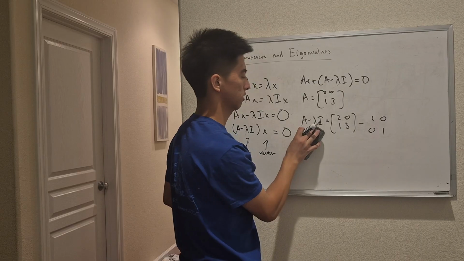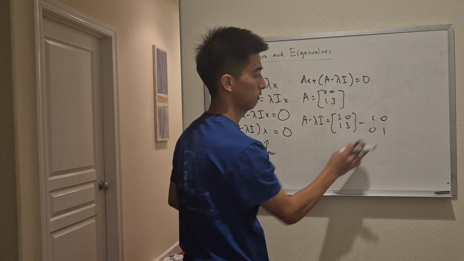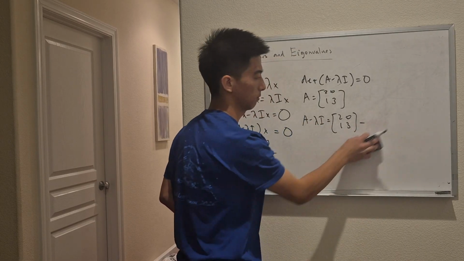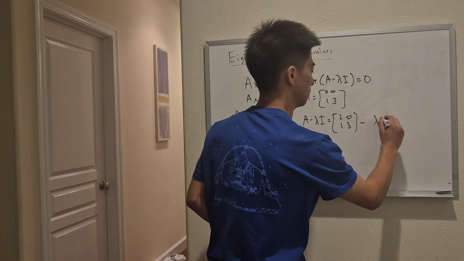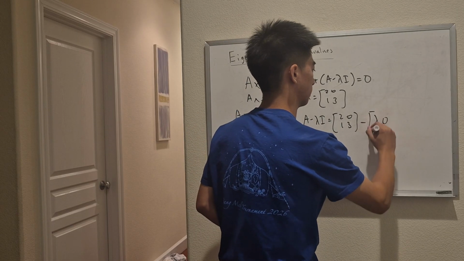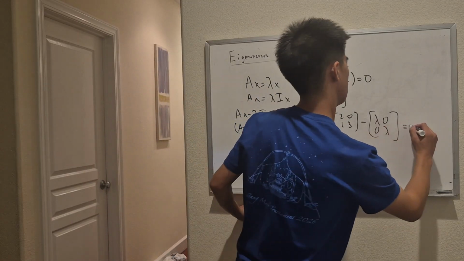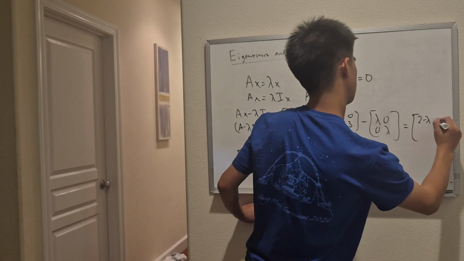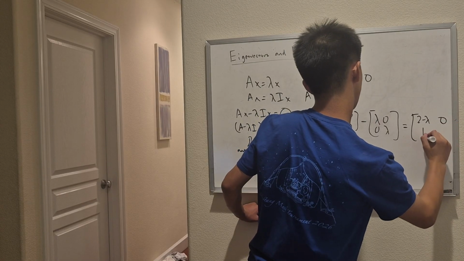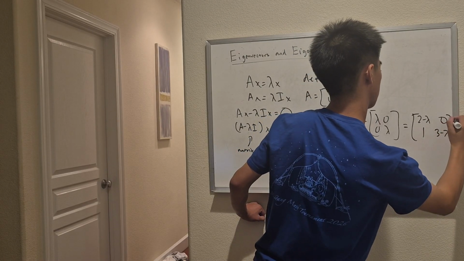And then if you imagine lambda times all this, then it becomes lambda, 0, 0, lambda, like this, right? And so we can subtract this. We get 2 minus lambda, 0, 1, and 3 minus lambda.